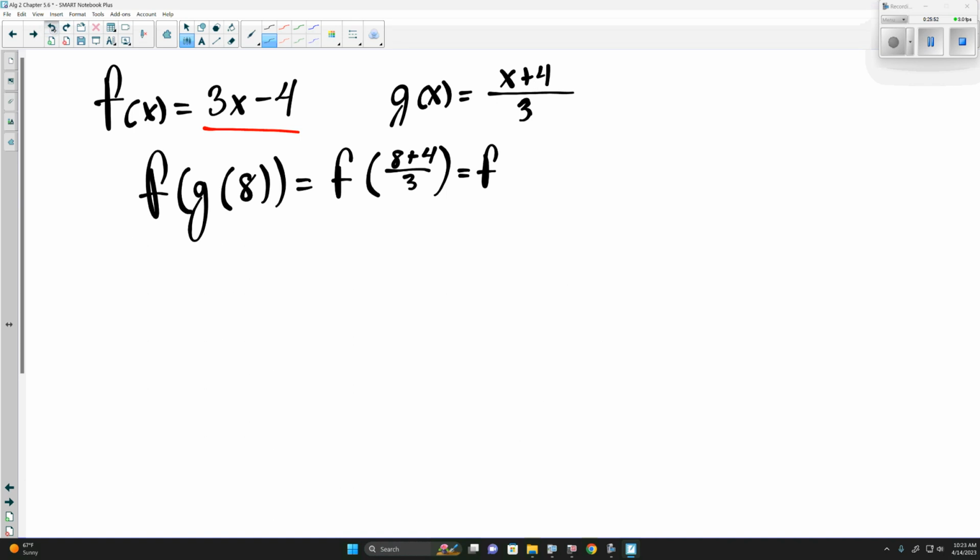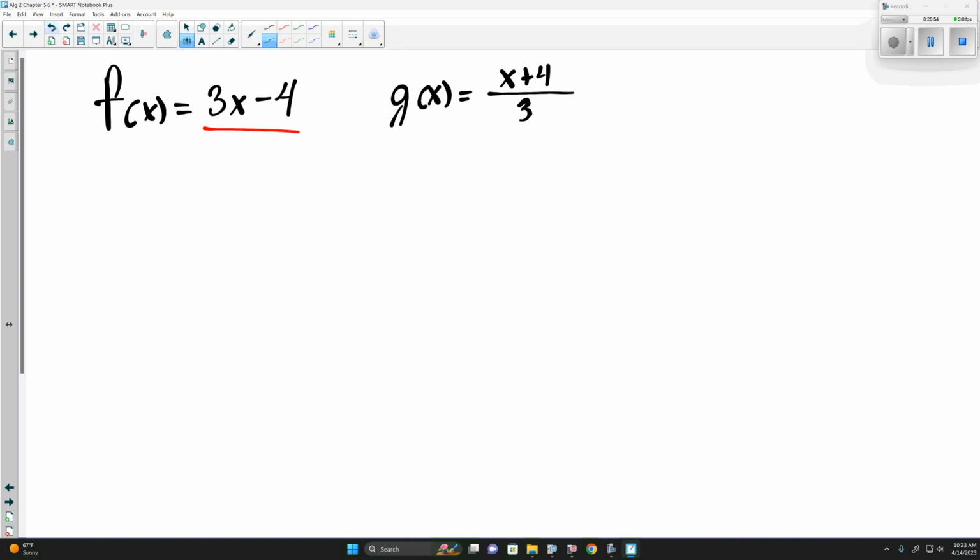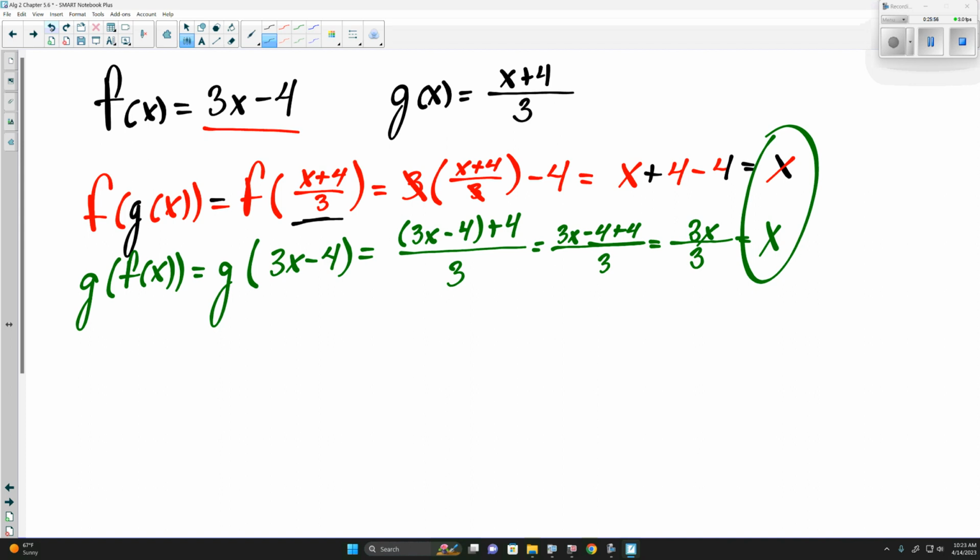I'm going to go back. Now our composite function told us what? F of g of x was what? F of g of x is? So it gives us the value. F of g of x is x.